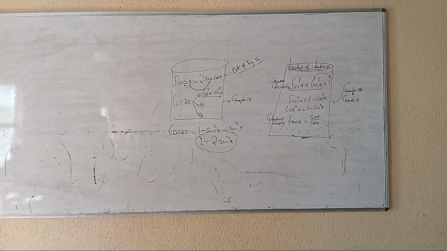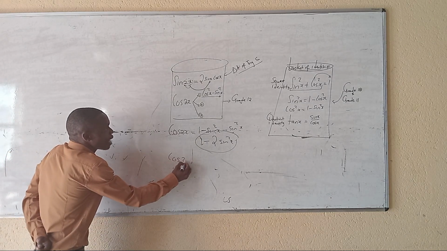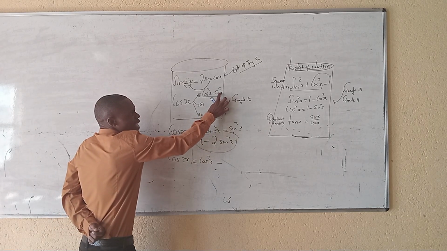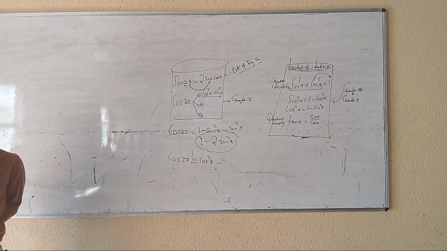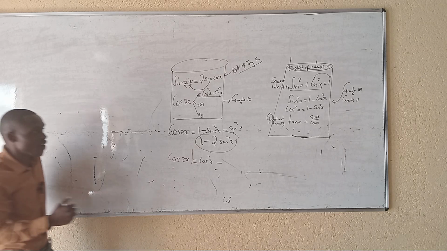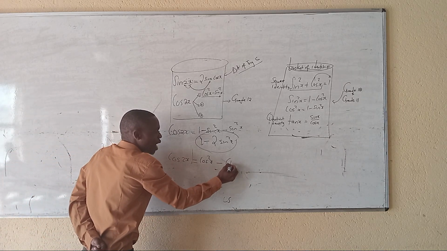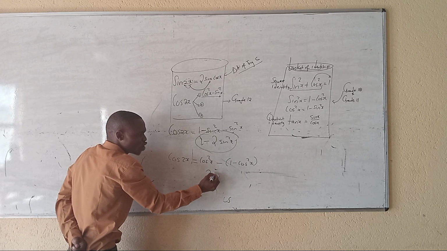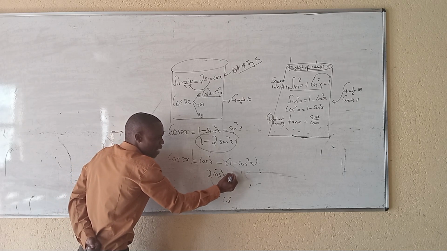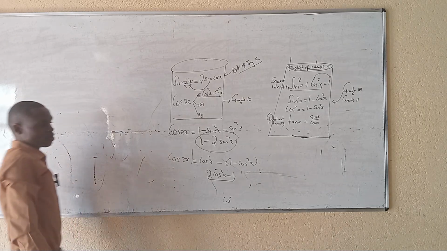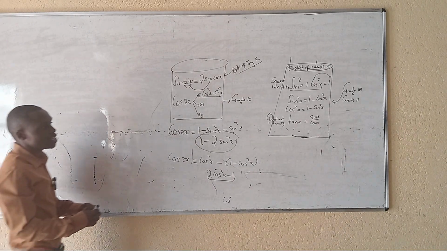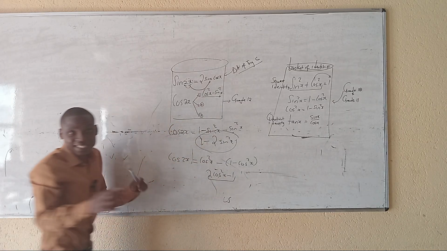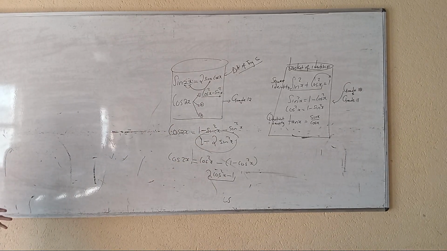Even if I substitute sine squared x with 1 minus cos squared x, I will end up having 2 cos squared x minus 1. Cos 2x is equivalent to all these three guys. 1, 2, 3. So these are the identities that we need.